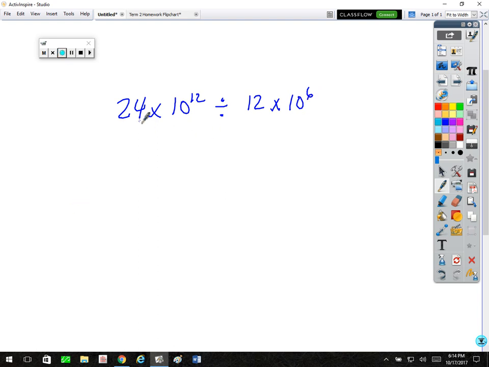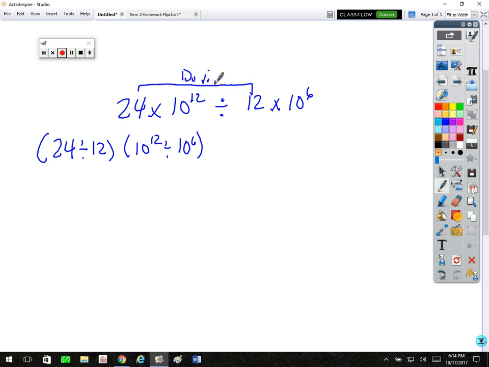Well, this goes back to what we did before where we have the same bases, we're dividing. Okay, and we have coefficients, so we can rewrite this as 24 divided by 12 times 10 to the 12th divided by 10 to the 6th. So if you remember what we're doing here, coefficients, we're going to divide, and now since I'm dividing, I'm going to subtract my exponents.